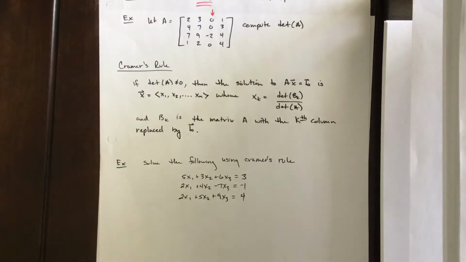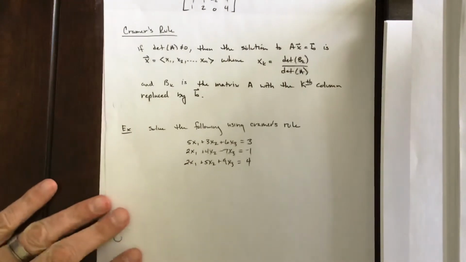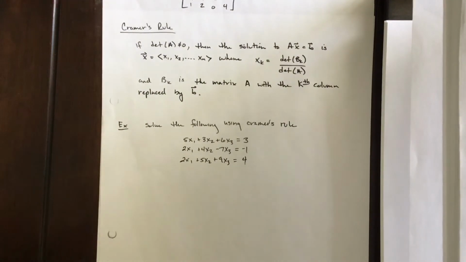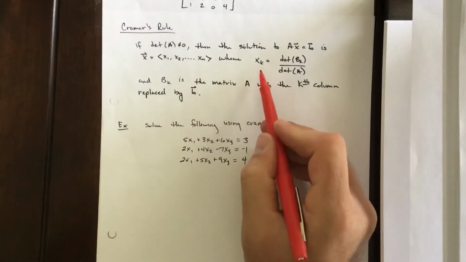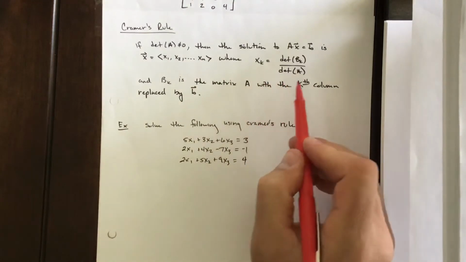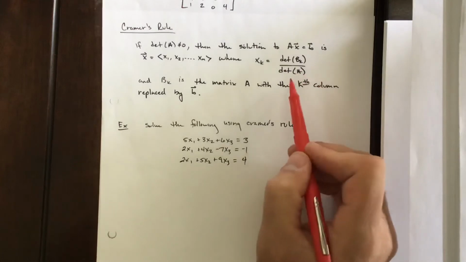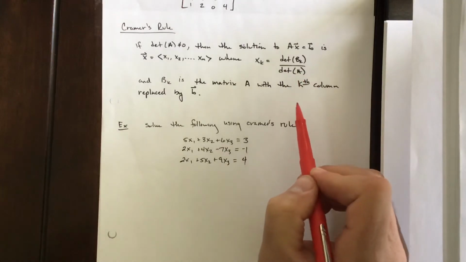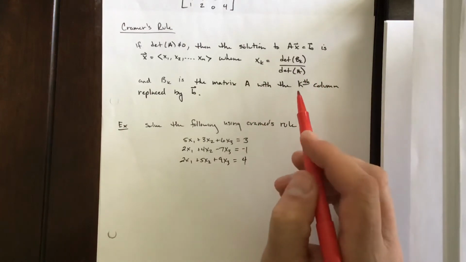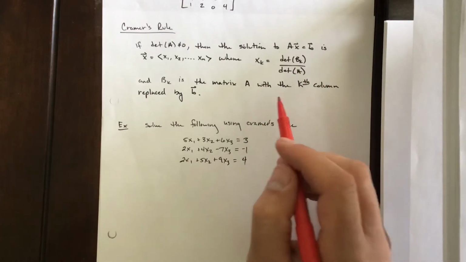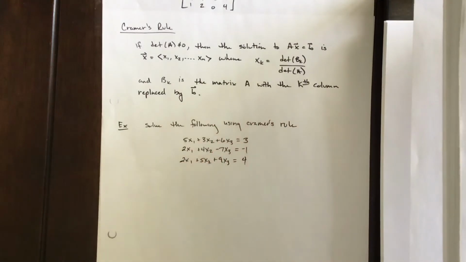Cramer's rule: if the determinant of A is non-zero, then the solution to AX equals B is the vector X with components x1, x2, all the way up to xn, where each of the entries of that vector is the determinant of Bk divided by the determinant of A, where Bk is the matrix A with the kth column replaced by the right-hand side. Okay, so that's a mouthful. Let's see what that means.